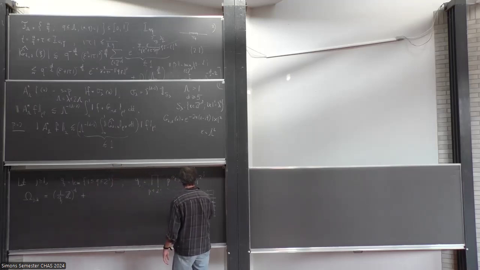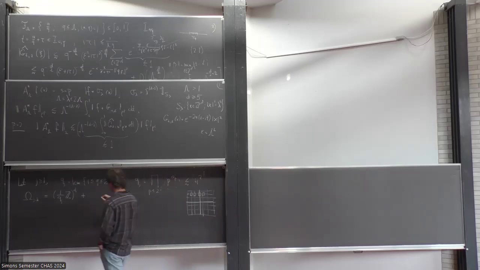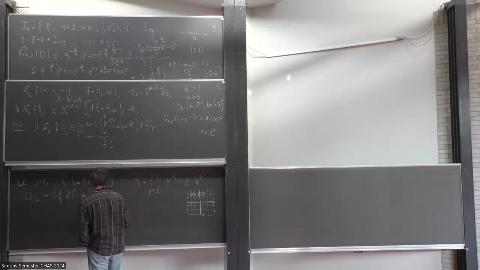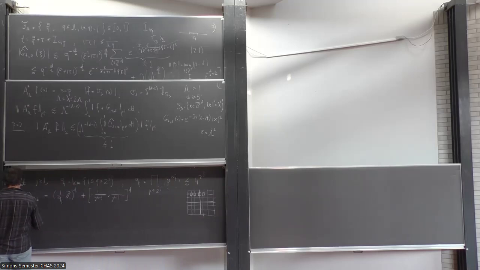So I will put a small cube around each lattice point, a cube of size 1 over 2 to the k minus j, where k is a much larger parameter than j, and 1 over j to the d. We will set this up so that k would be bigger than something like plus 2.